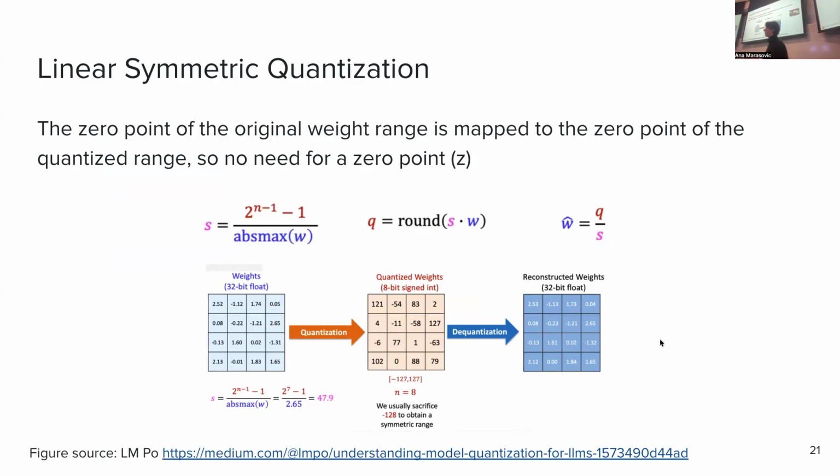And of course, now knowing what we know, that weights can be zero mean because we're using layer normalization and activations not, it makes sense to use symmetric quantization for weights and asymmetric for activations and representations.